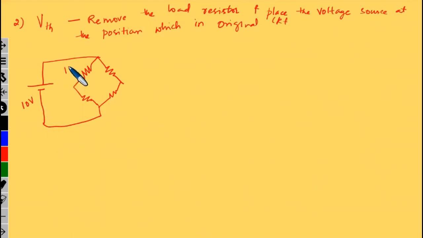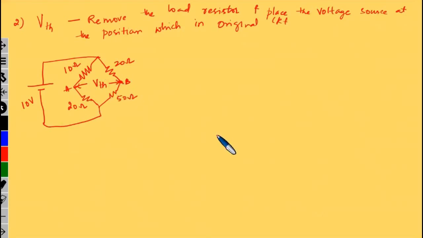This was 10 ohm, this was 20 ohm, this was 50 ohm, and this was 20 ohm. We have to find the voltage across these load terminals, A and B.